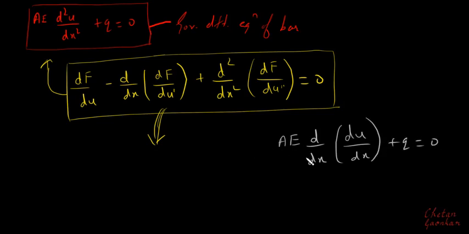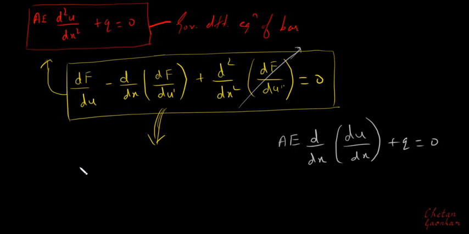Comparing with the Euler-Lagrange equation, the d square by dx square term will not be applicable here, so I may neglect it. But I will have to slightly change the signs of the remaining terms.